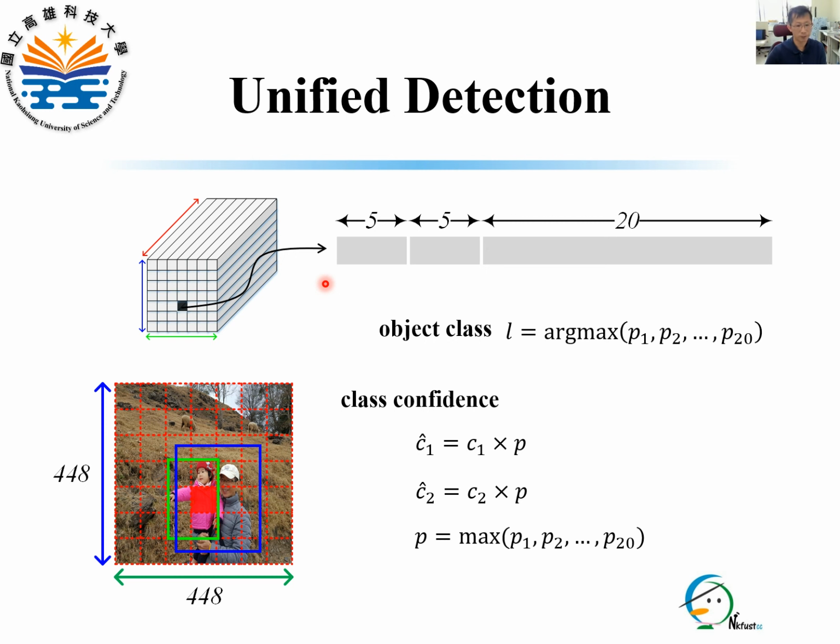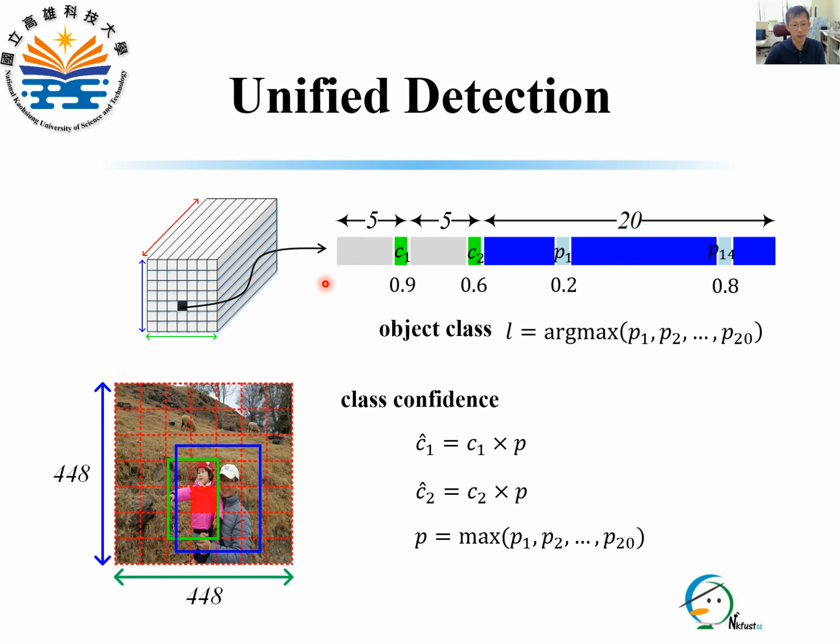For example, let C1, C2, and 20 conditional class probabilities be these values. Since P14 has the maximum value 0.8, the object class for these 2 boxes is 14, denoting the person object class.